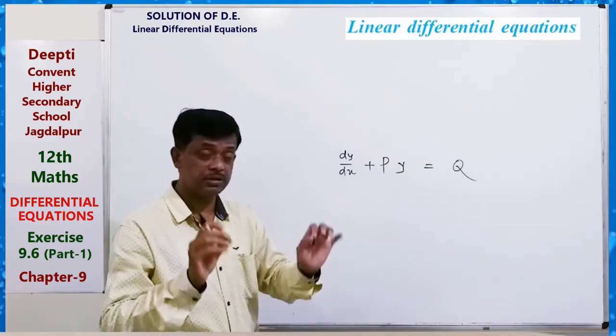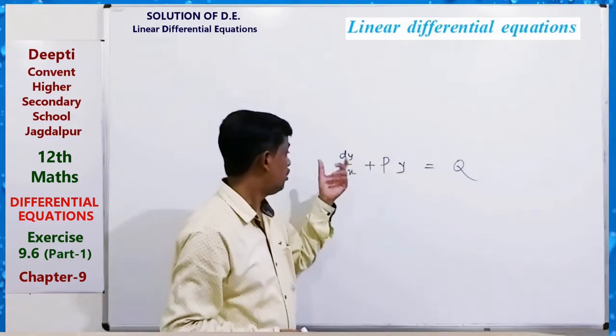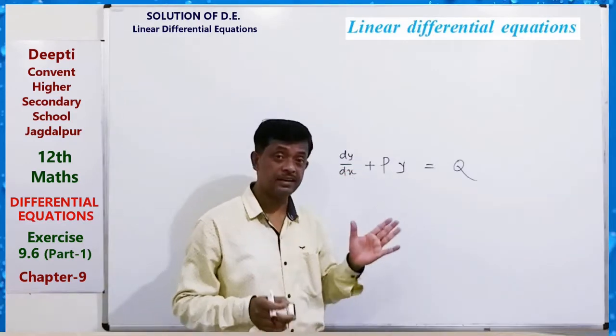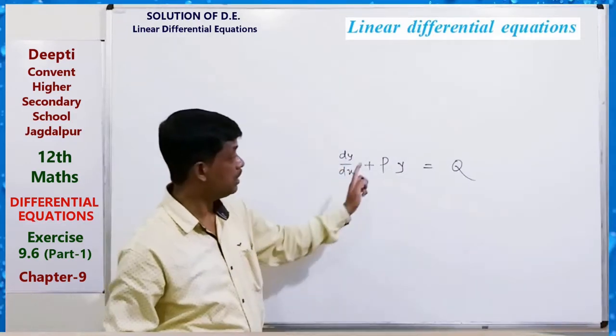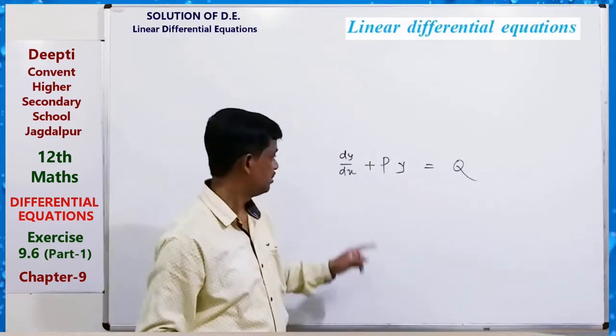If any differential equation of first order, first degree, we can write in this form, dy by dx plus p y equals q, where p and q may be functions of x. Clear?